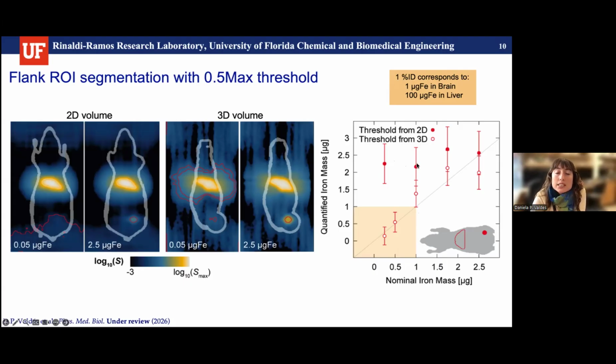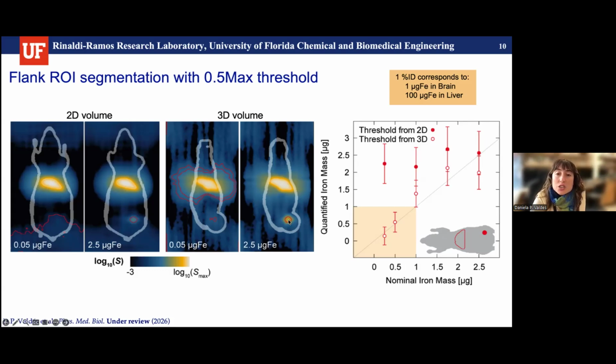This can be because we could distinguish the signal as being in the flank, but as the signal levels are lower than those in the brain, since it's a larger volume, we're taking parts of the background into our segmentation and not noticing it because they're close to it.